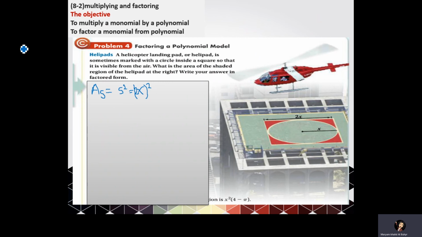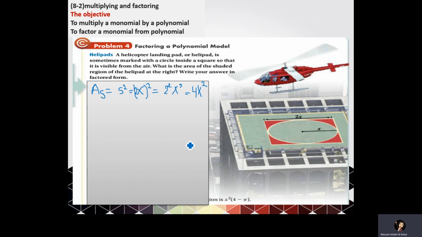I gave you a similar example before. This is a power raised to another power, so I can distribute my power. That will be 2 to the power 2, x to the power 2, which equals 4x to the power 2.